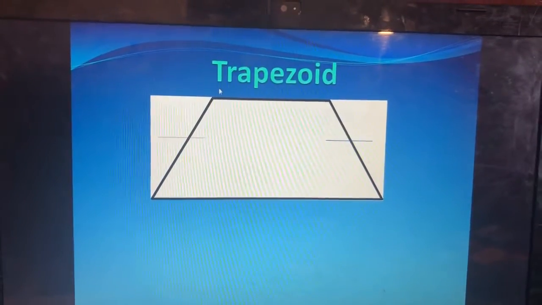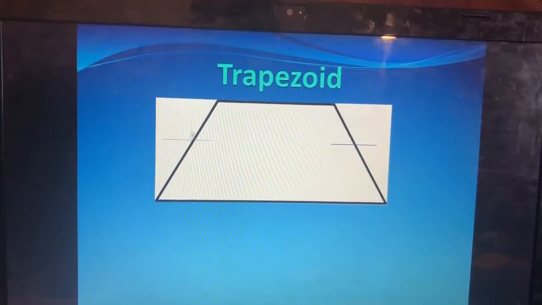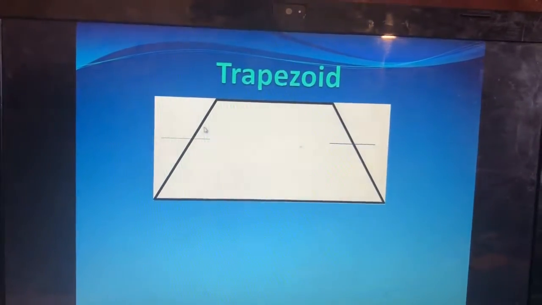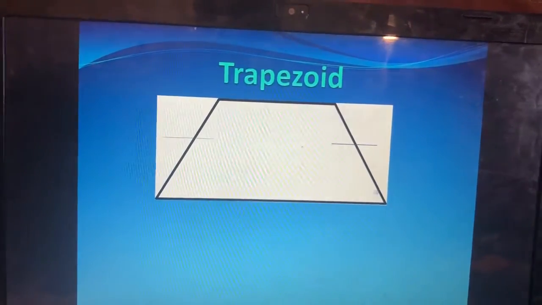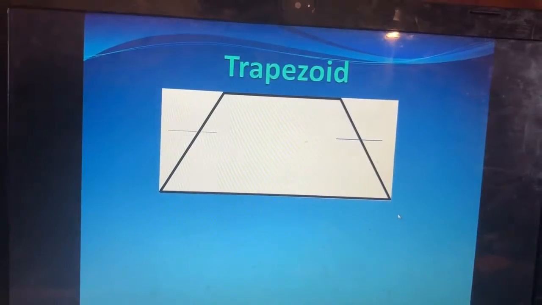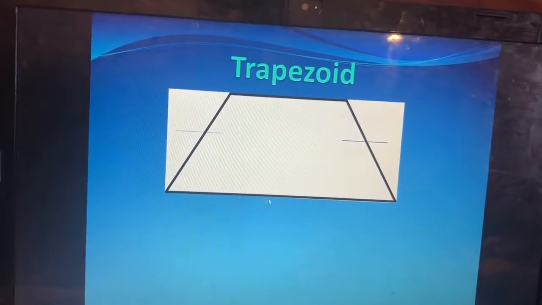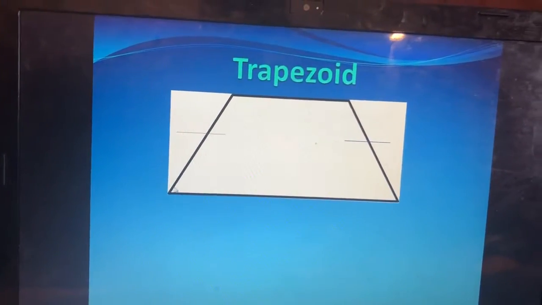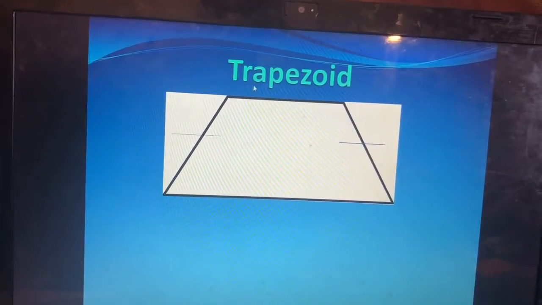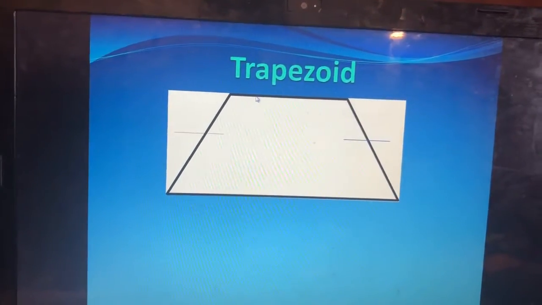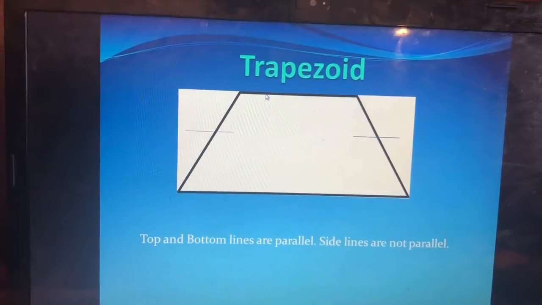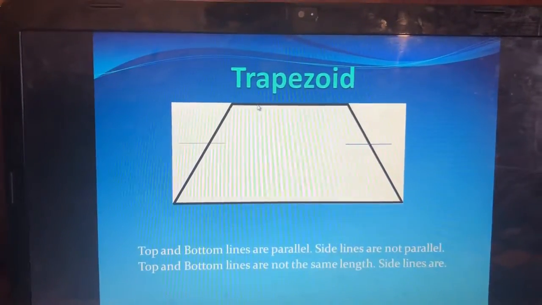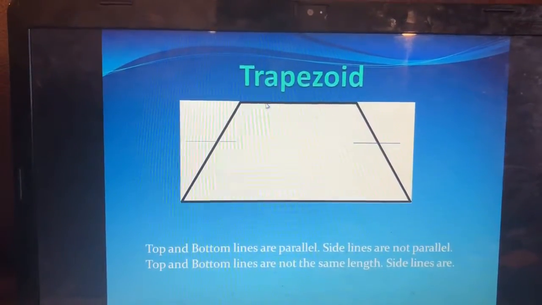We can also look at this figure and see that the sides are equal length. But if we look at the top and bottom, we can tell that the bottom is clearly longer than the top. So a trapezoid has 1 set of equal lines.